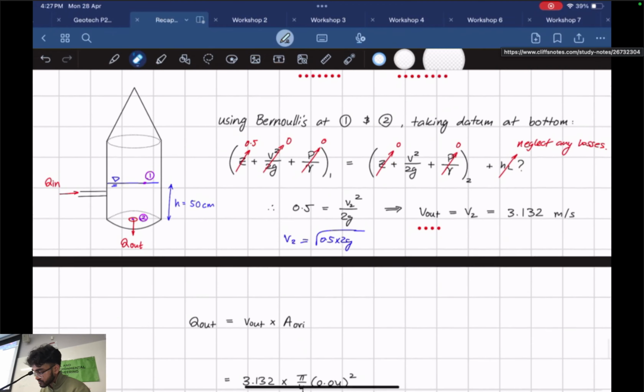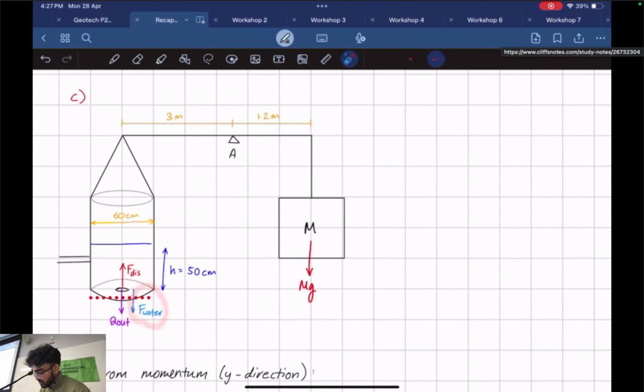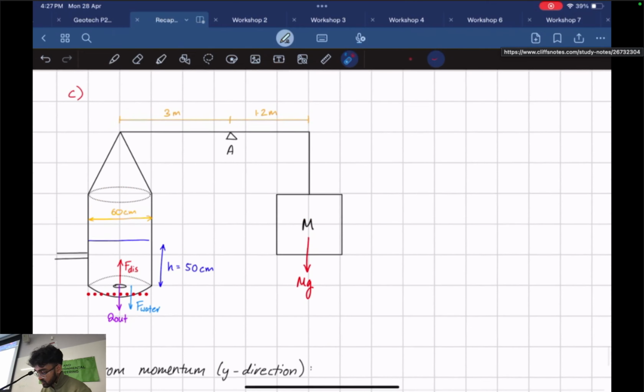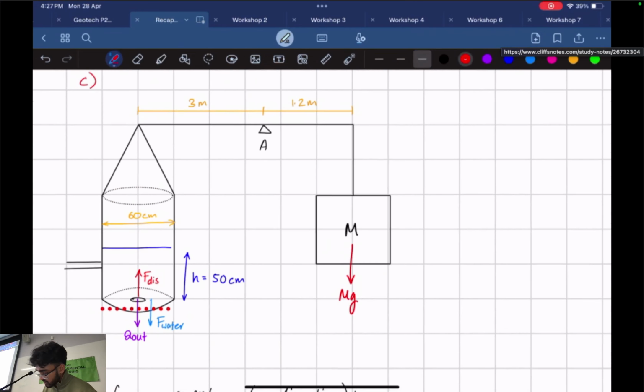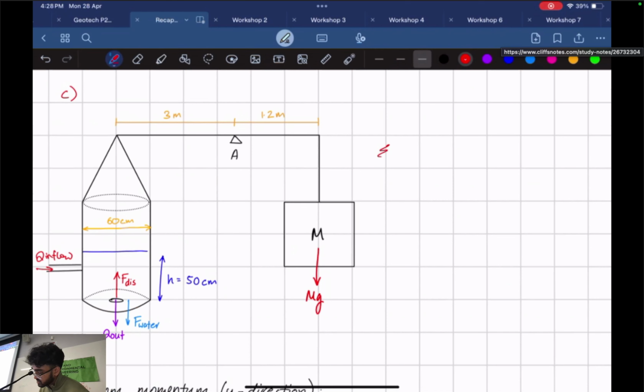So here it is. I've got the force of the water and the force from the discharge of the water. Using momentum in the y direction, if I do sum of forces in the y, out minus in, this in part is going to be 0.